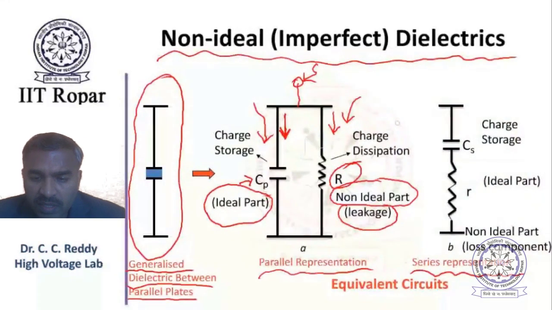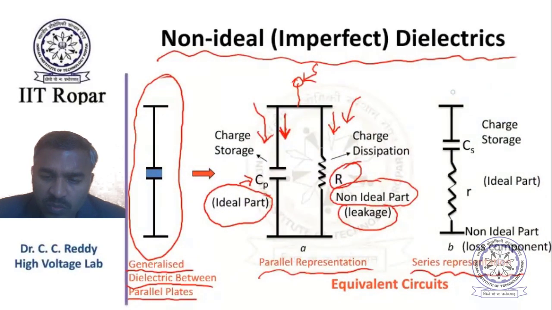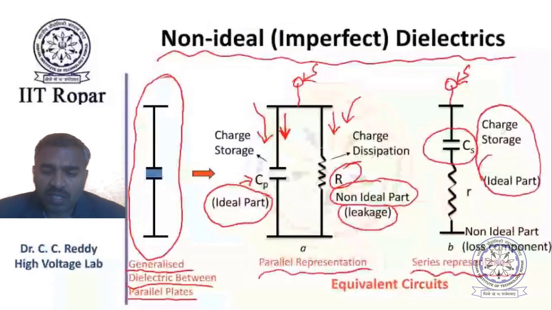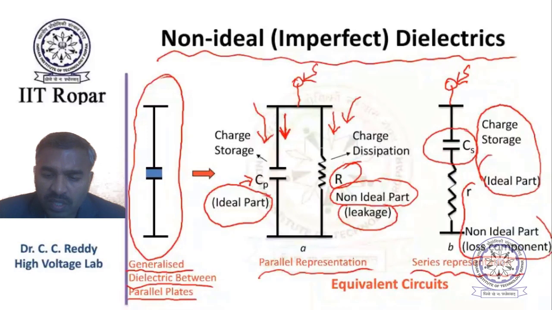Then similarly, a series combination is also possible. So in this, there is a series capacitor CS, we have named it. This ideal part corresponds to this actually. And then there is a series resistor which is the non-ideal, lossy part.